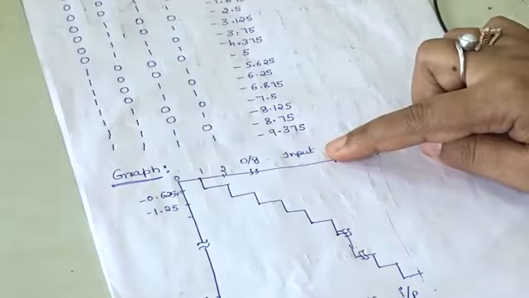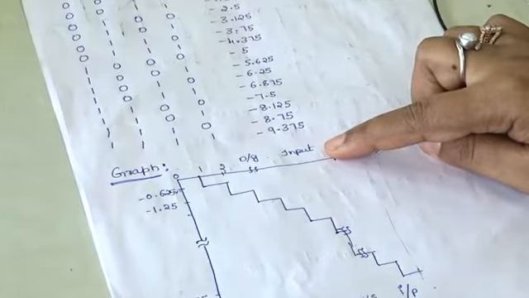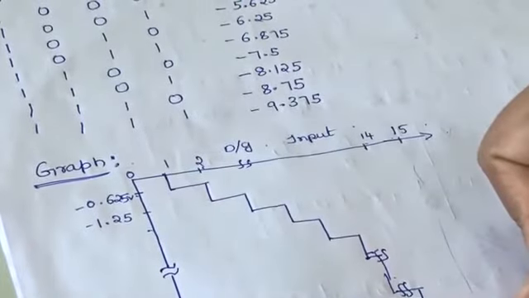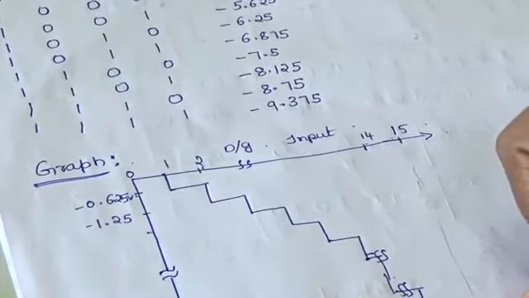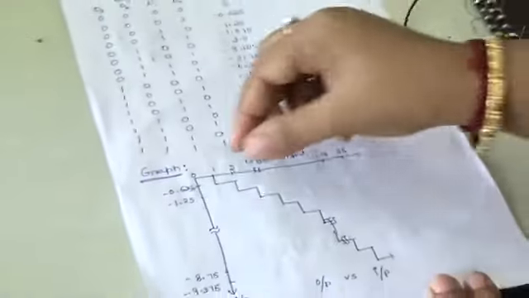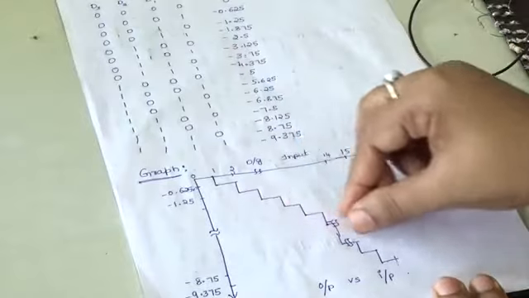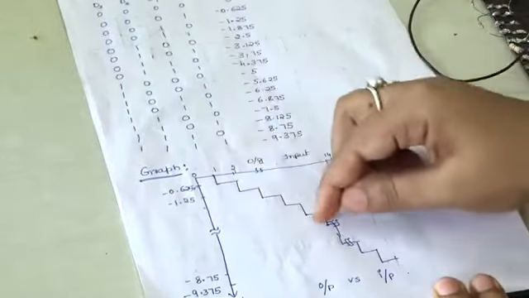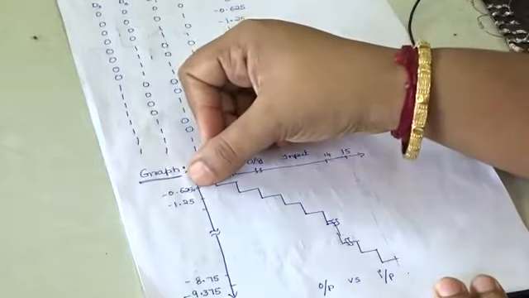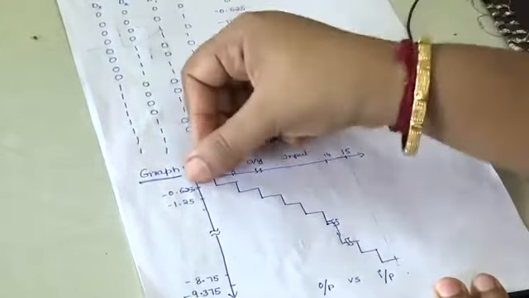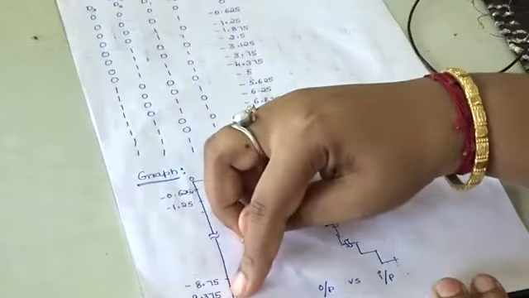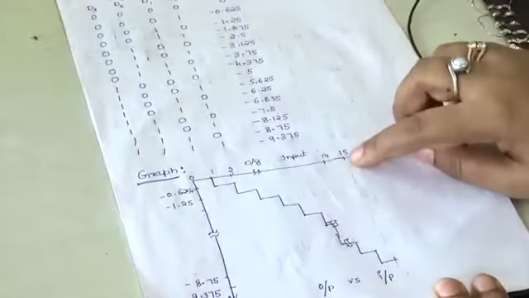You will get a negative stepwise graph, because it is an inverting amplifier. The step size is the same from one input to the next input. Initially it starts from 0 volt, next it increases to 0.625, and similarly, the last voltage you will get is minus 9.375, that is for the input 15.